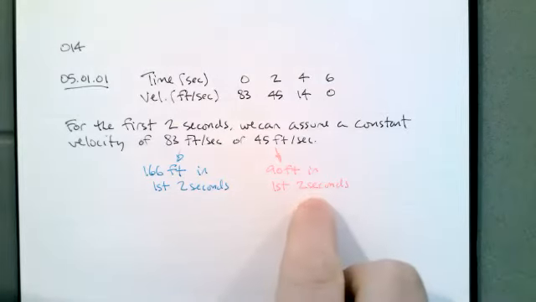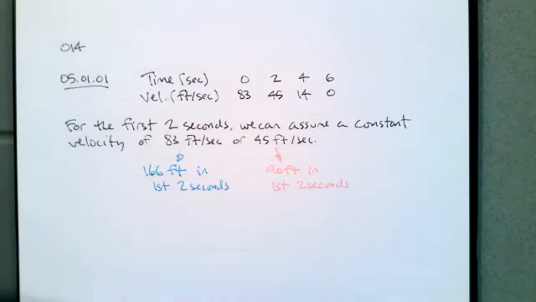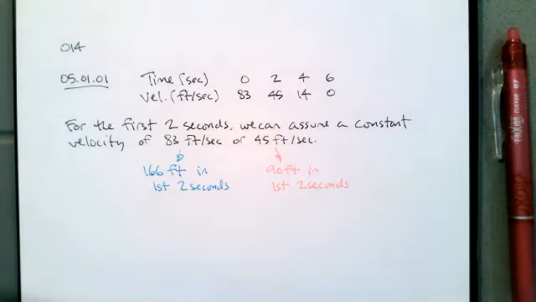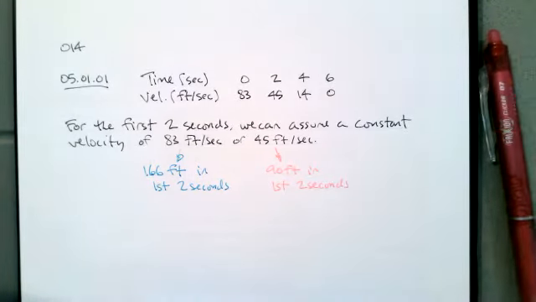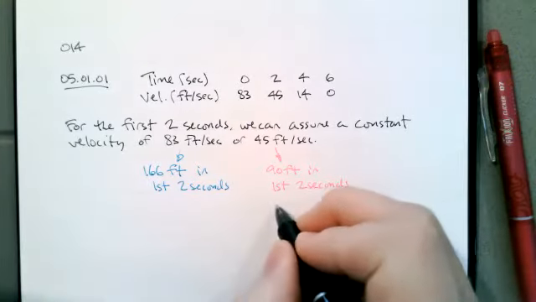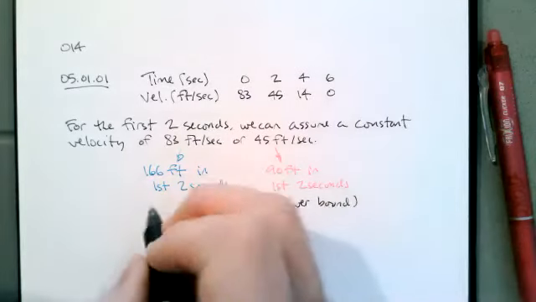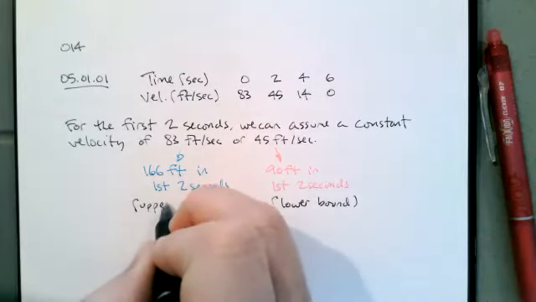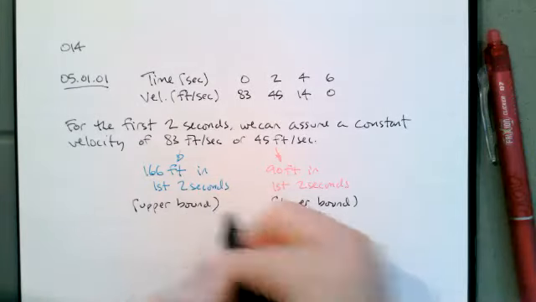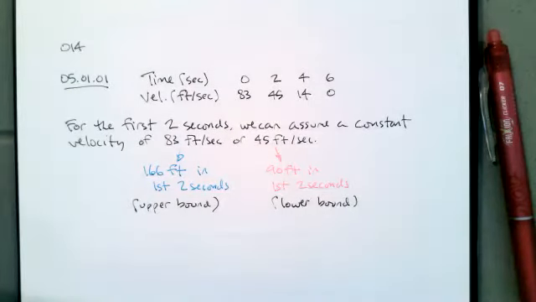So now we have a lower bound and an upper bound on the distance that we traveled in those first 2 seconds. Here's a lower bound. And here's our upper bound. In those first 2 seconds, we traveled somewhere between 90 feet and 166 feet.